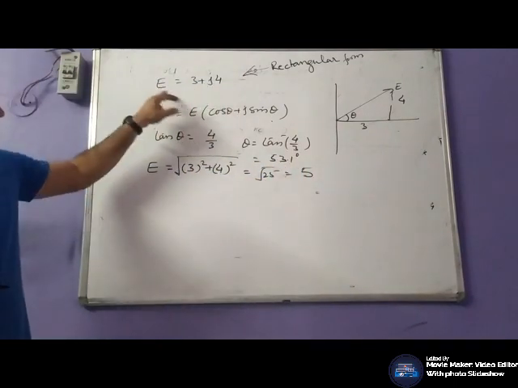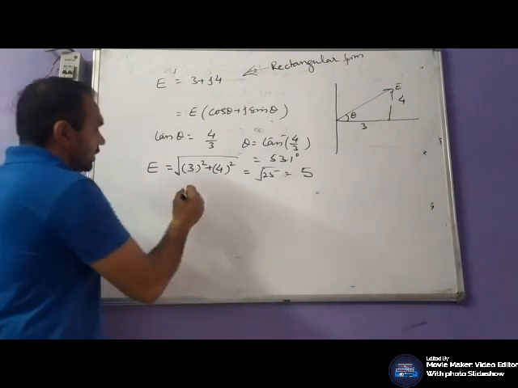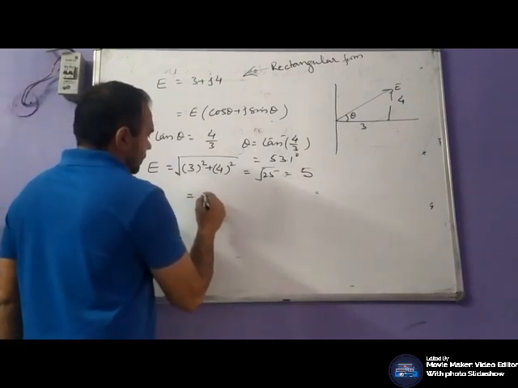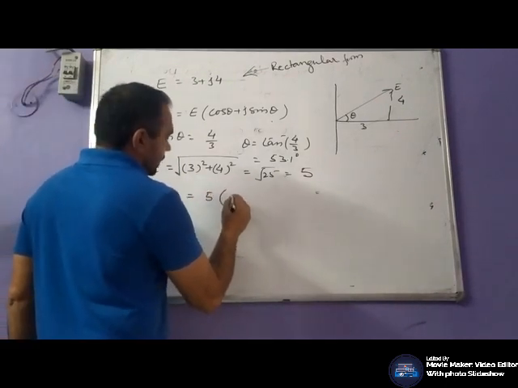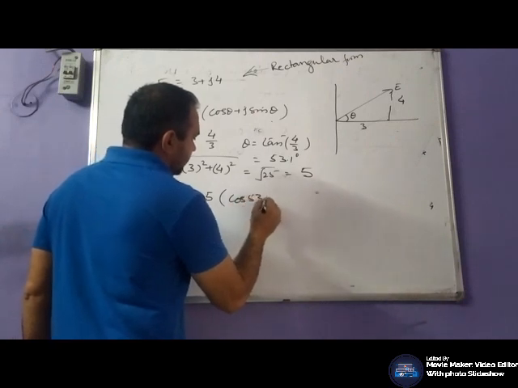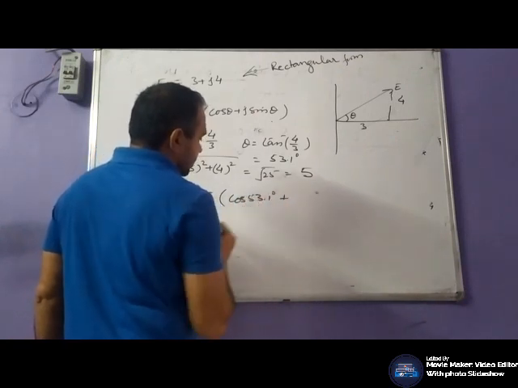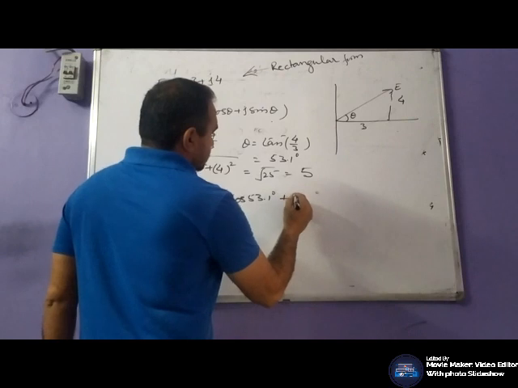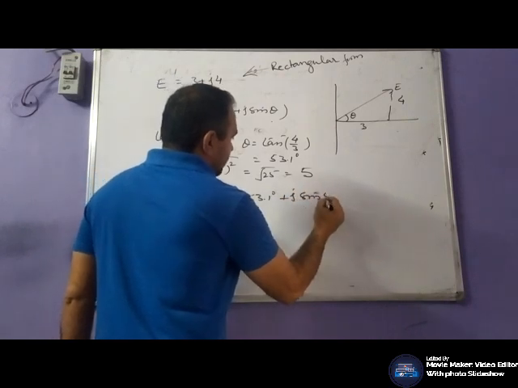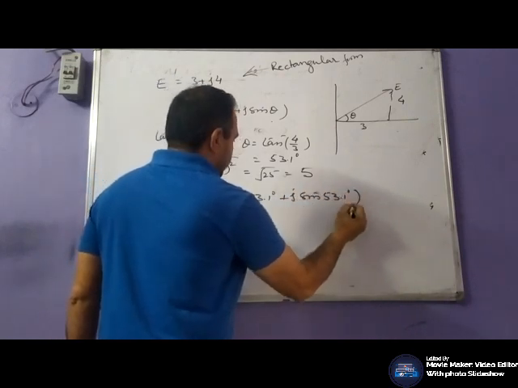So in trigonometrical form, it would be 5 cos of 53.1 degree plus j sin of 53.1 degree.